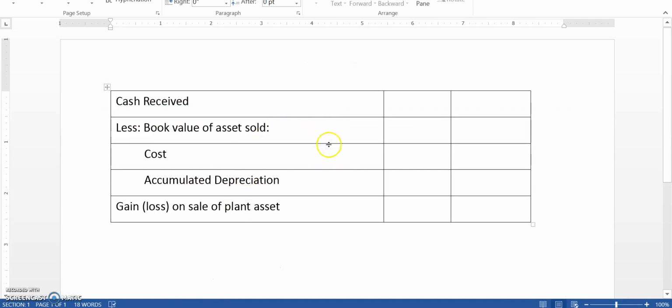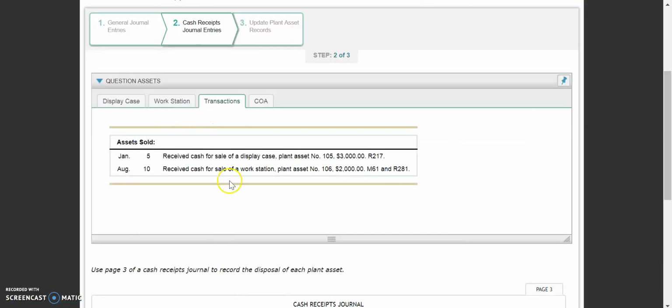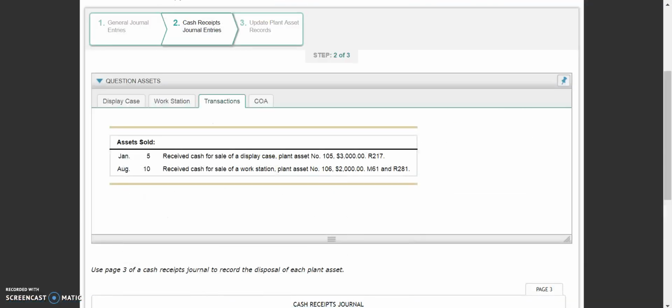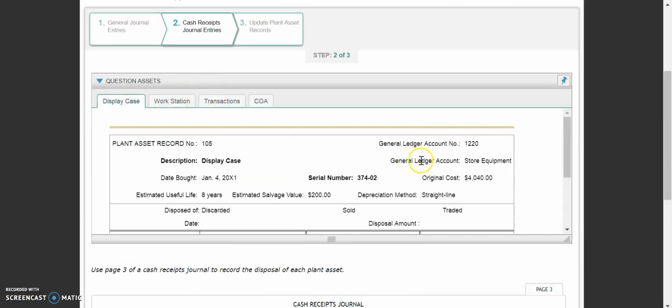I had it in the PowerPoint as well, where we put in the actual cash received for our display case, which was $3,000. So we plug that in here. And then we need to figure out our book value. So the cost of our display case originally was $4,040.